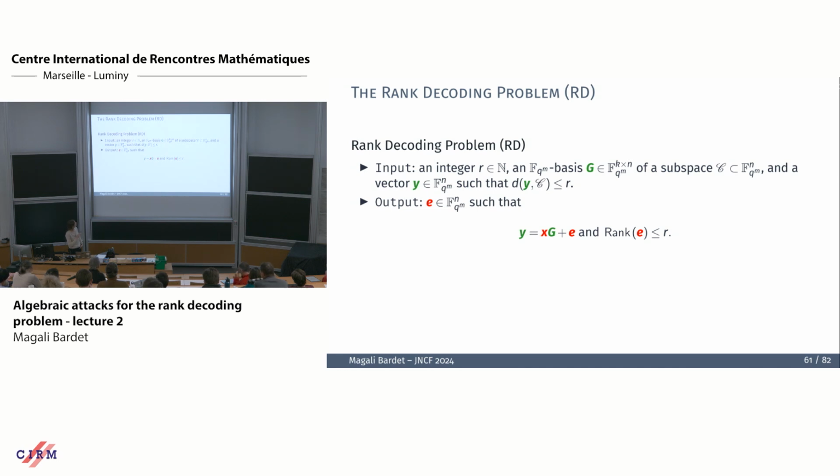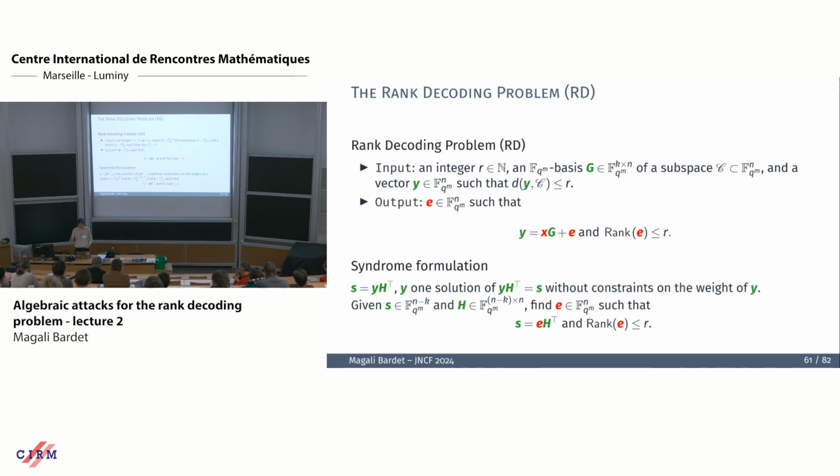I have one vector, one point that is at distance at most r from the code, and I want to find an error of rank at most r that corresponds to this point. And you have the equivalent syndrome formulation, which is the same.